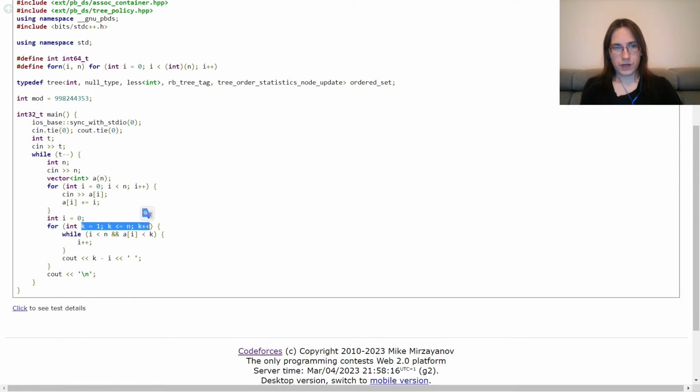Then for every k, for every length of our suffix, I see if such an element is less than k, then it means I still didn't find the element I want, because the element I want is the first element on the prefix whose ai plus i is larger or equal to k. When I stop, it means that I found this element and I output k minus i.